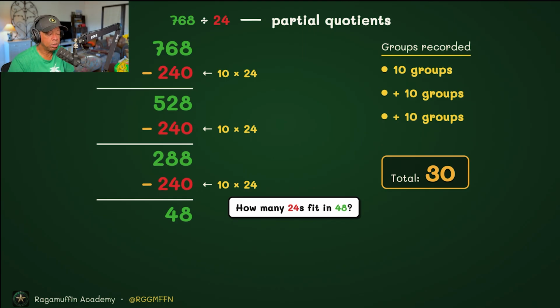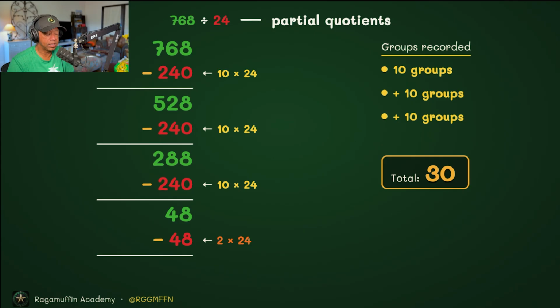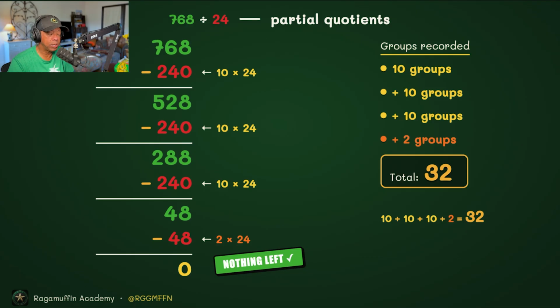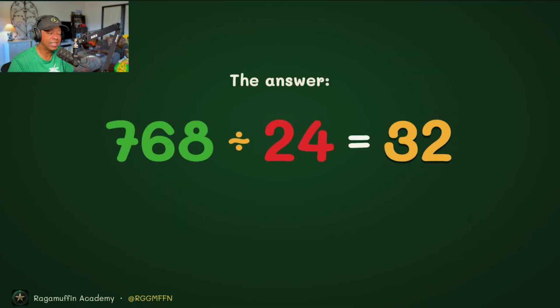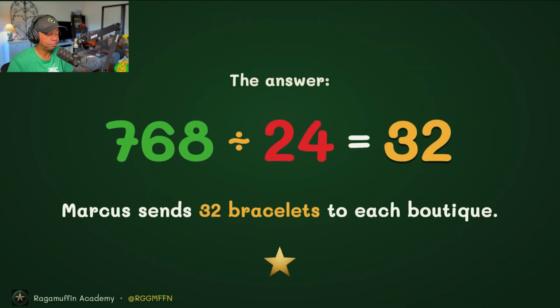That's a smaller question I can answer mentally. 24 plus 24 is 48, so 2 groups of 24 fit. I have nothing left. I took out 30 groups and then 2 more groups, which is 32 groups total. So 768 divided by 24 equals 32. Marcus sends 32 bracelets to each boutique.